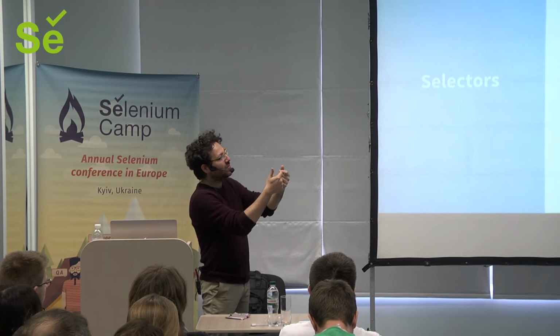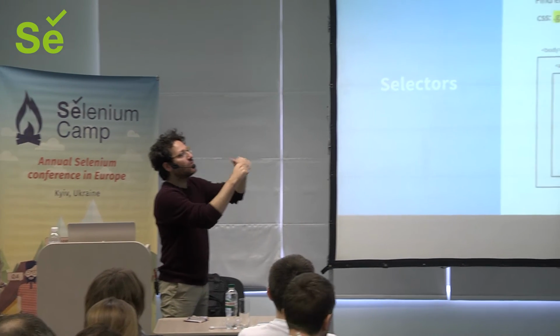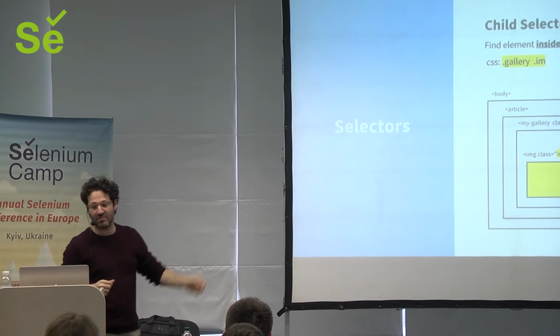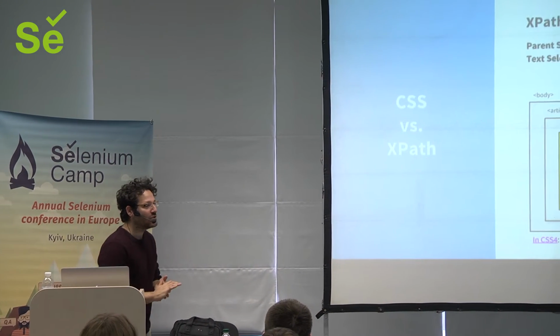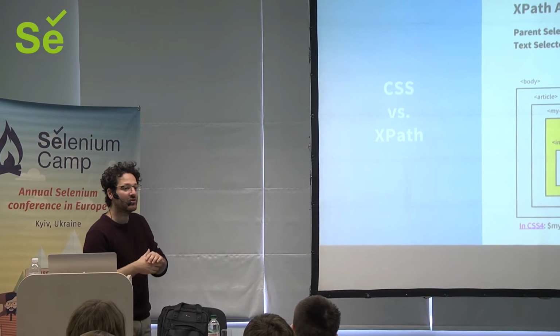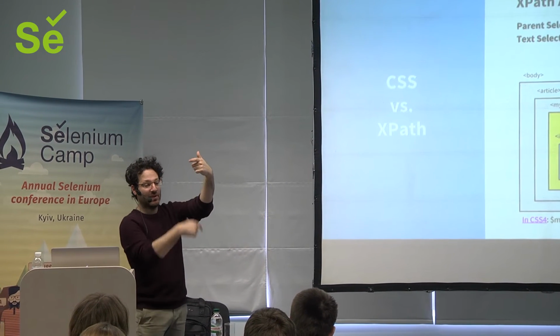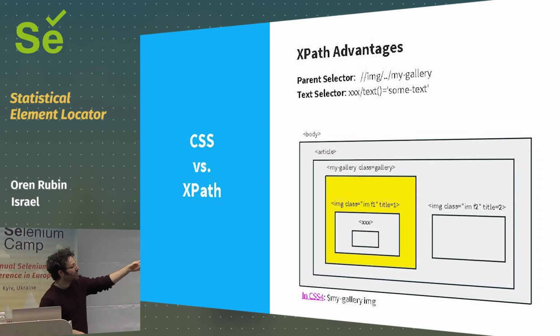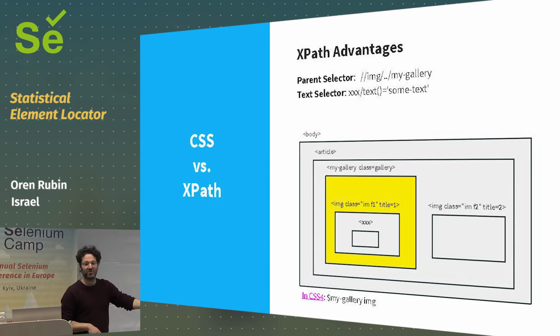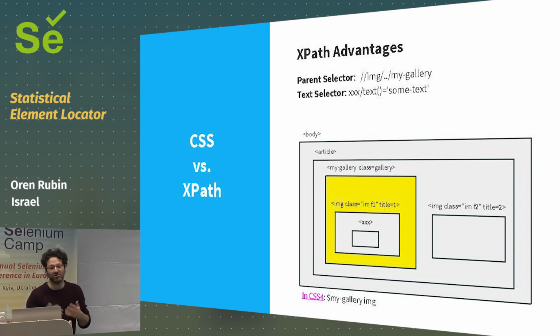Actually, it's looking for all the images, and then checking which parent each one has, whether it's a specific gallery. And sometimes you want to find an element based on its child. So here, for example, we want to find the element that has an inner value, this is xxx, some tag name.